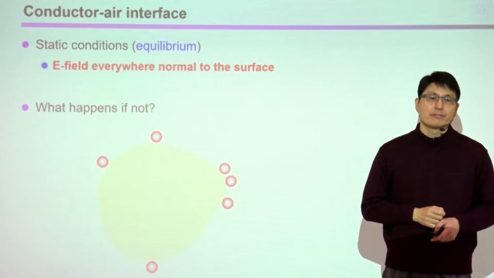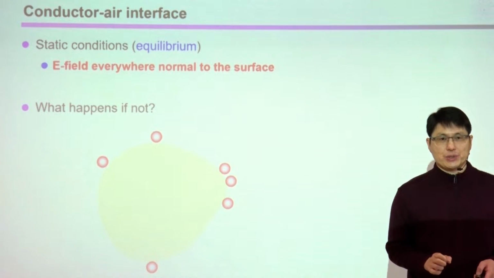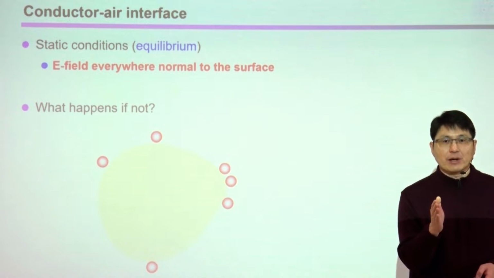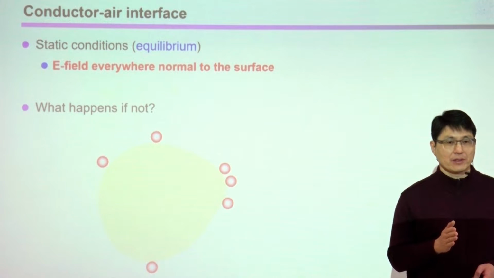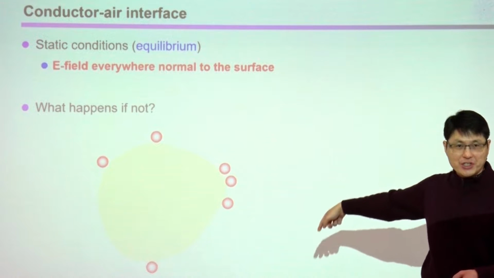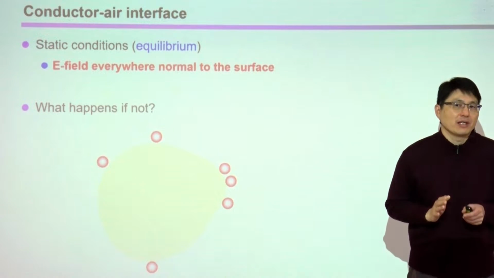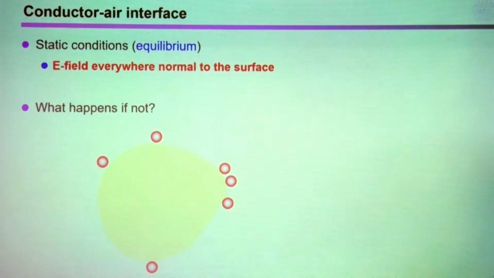Right? Now, take this challenge. Please draw out the resulting electric field lines due to the surface charges. Try to draw out the resulting E field lines. How difficult can that be?